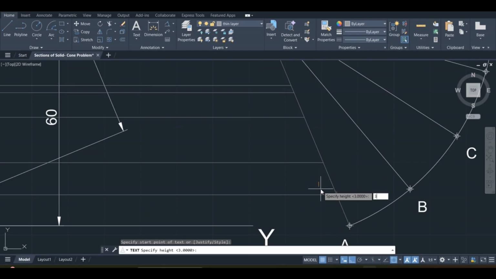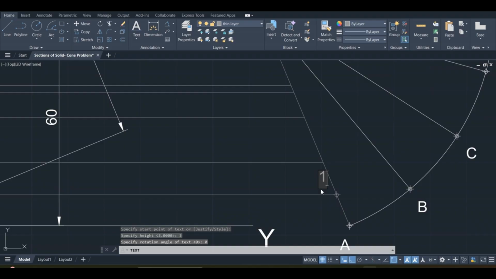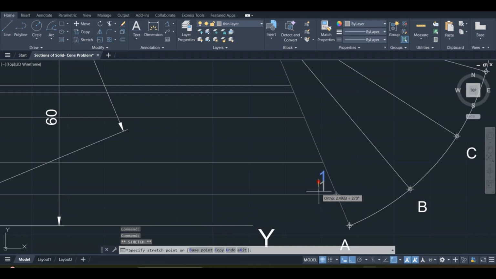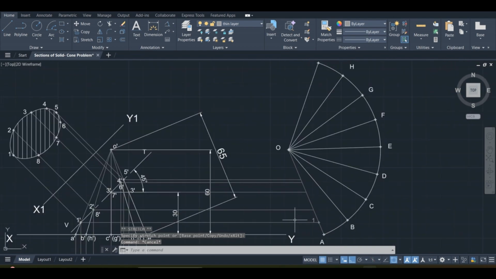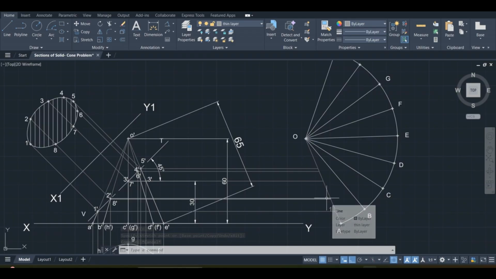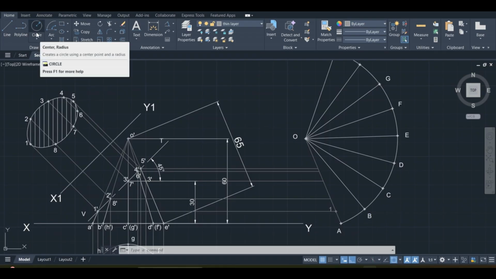This is point 1. Similarly, the second line which is showing the point 2 and 8, the point 2 is on BO projector. So this has to move on to the BO projector.